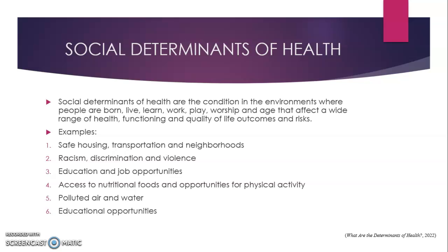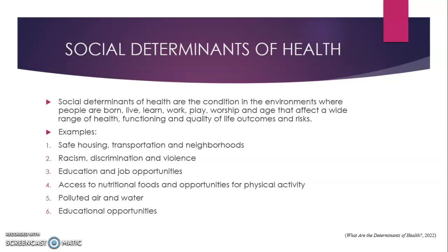Social determinants of health are the conditions in the environments where people are born, live, learn, work, play, worship, and age that affect a wide range of health, functioning, and quality of life outcomes and risks. Some examples would be safe housing, transportation and neighborhoods, racism, discrimination, and violence, education and job opportunities.